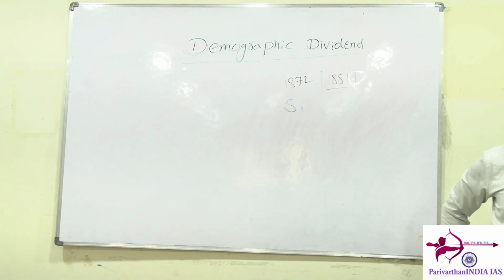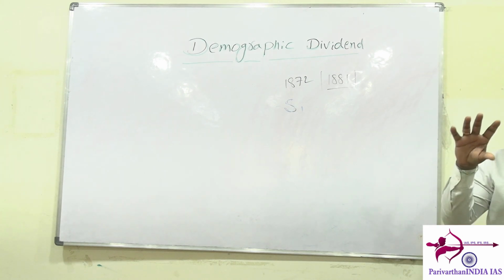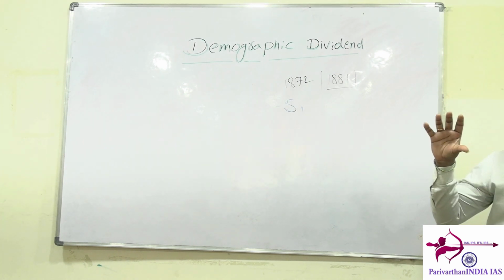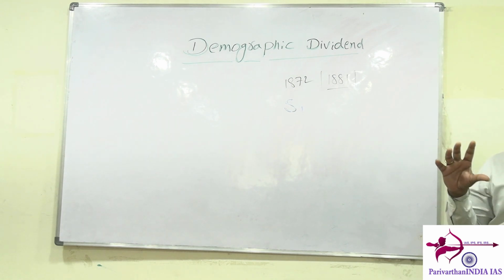These are in sequential manner. First three things: size of the population, distribution, growth pattern.